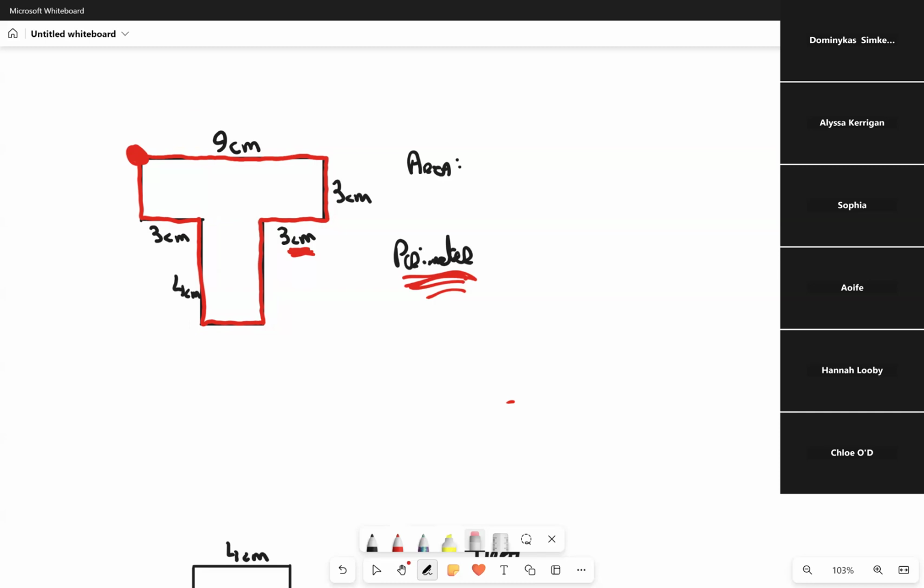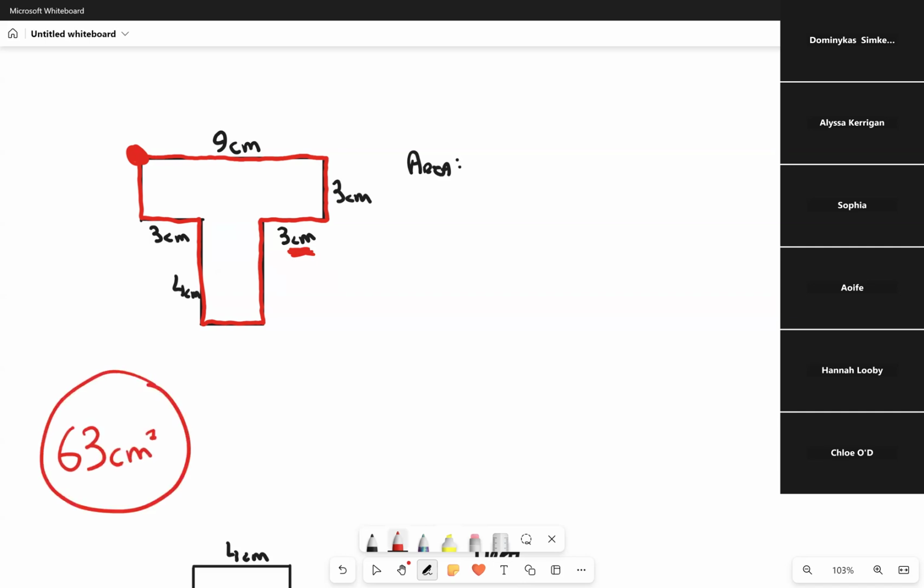It's a T, but maybe you'll be able to figure it out based on your prior knowledge, based on what you've learned already. Is that it? 63? You're saying 63. Okay, 63 centimeters squared. Well, let's leave that over there for the meantime, and we'll give everyone a minute and see what they came up with.